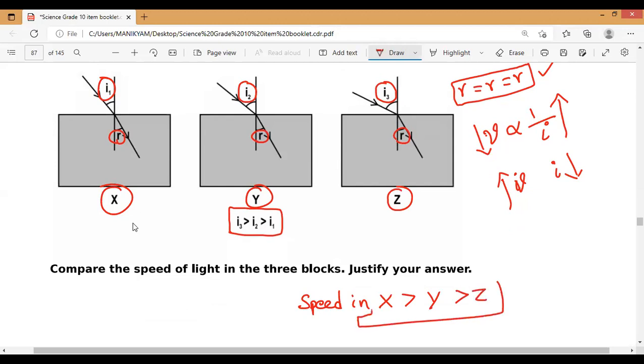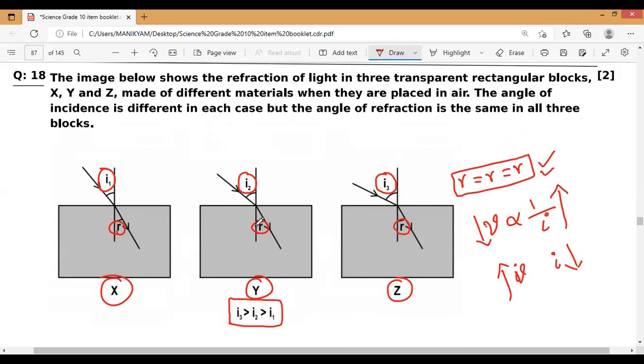So remember, as the incident angle increases, even though the angle of refraction remains constant, the speed of light is less. In different materials, they are showing the same angle of refraction, but the speed varies. Clear, everybody? Note down the statements. You have to remember it.